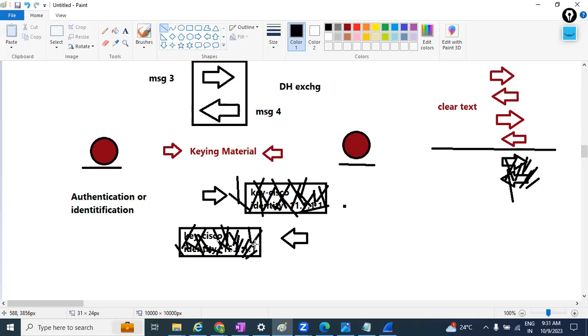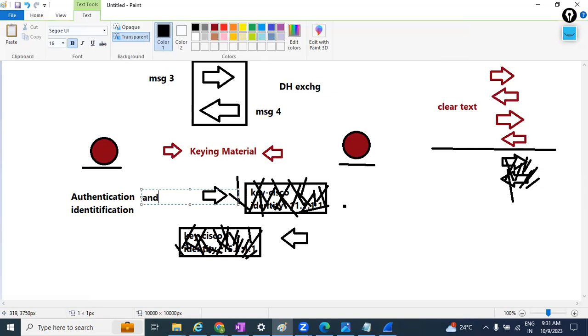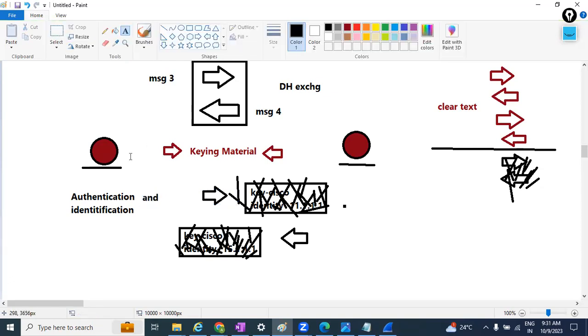Two things. One is key exchange and second is authentication and identification. This is not or, this is and actually. Or means one thing and and means both things. And this message is also encrypted.